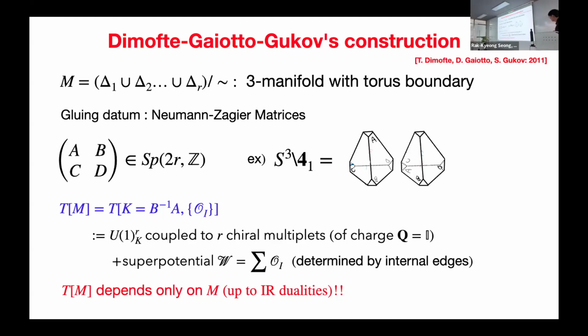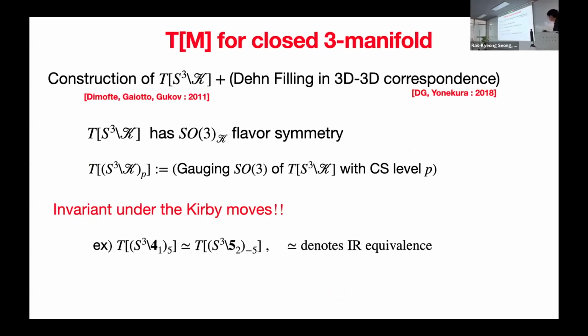So these are the well-known constructions. And this construction can also be generalized to more closed manifolds by incorporating Dehn filling in the 3D-3D correspondence. I will skip the details anyway. So if given a Dehn filling, then there is a way to construct this 3D N=2 theory.